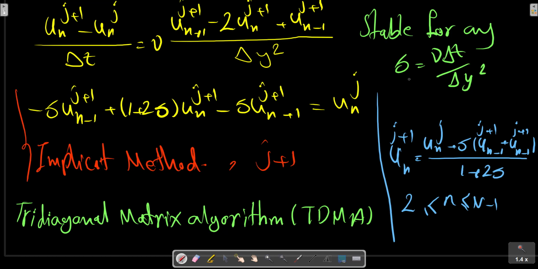Another habit is to keep delta t and delta y small enough that nodal values change no more than 10% from one node to the next. So the implicit method in the numerical solution is stable for any value of sigma. The next subsection is steady two-dimensional laminar flow.